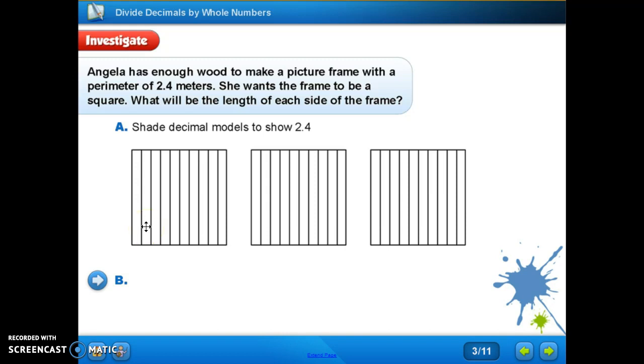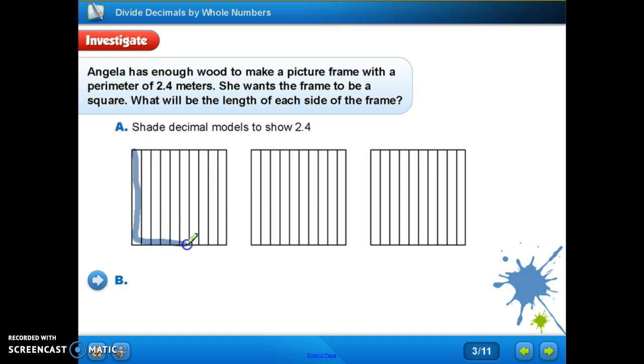Okay, so if you're watching this at home, you might want a sheet of graph paper. If you do not have graph paper, you can draw a rectangle and divide it into tenths. And what they want us to do here is to shade in 2 4/10.